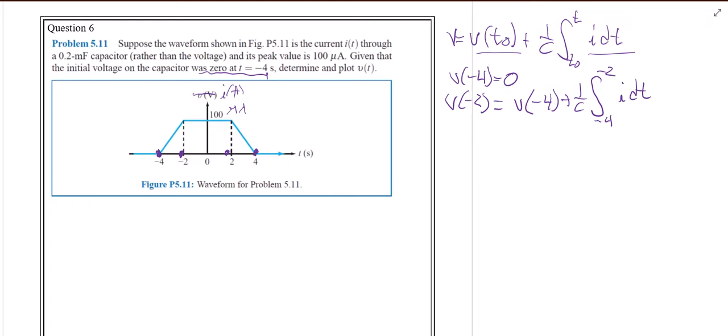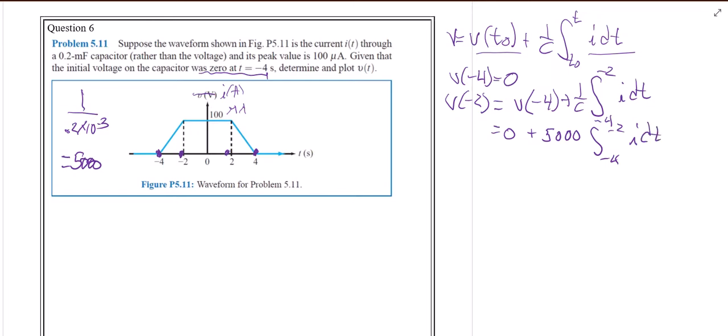So the voltage at -4 is 0. The capacitance is 0.2 millifarads, and just make a note over here that 1 over 0.2 times 10 to the -3rd is 5,000. So every time we need 1 over c, we can just say 5,000. So plus 5,000 times the integral from -4 to -2 of I dt.